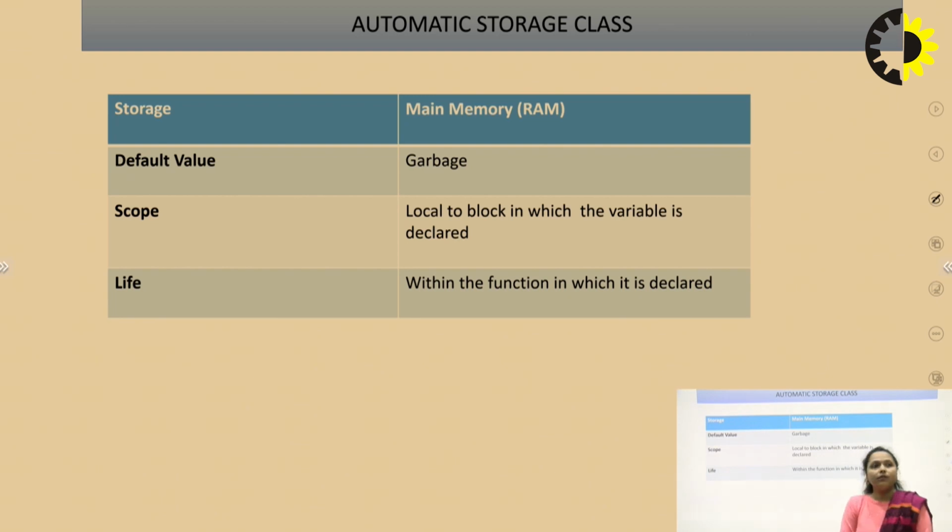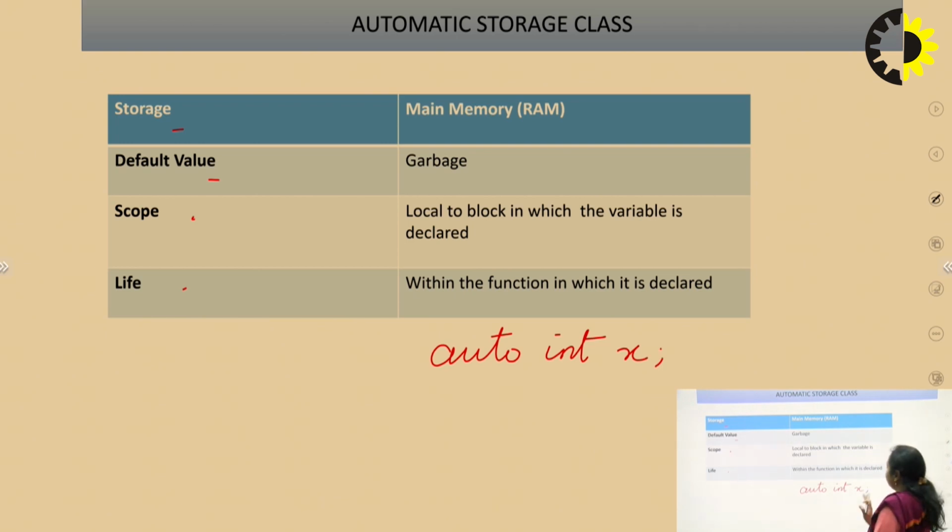First of all, we will discuss the automatic storage class. What is the automatic storage class? For every storage class, we will discuss these 4 parameters only: storage, default value, scope and life. We have taken the example auto int x.